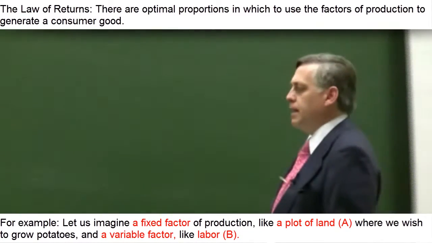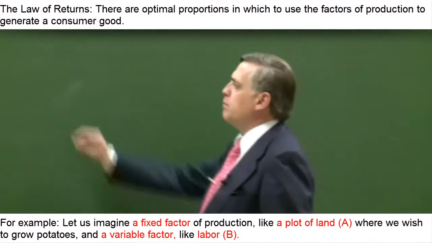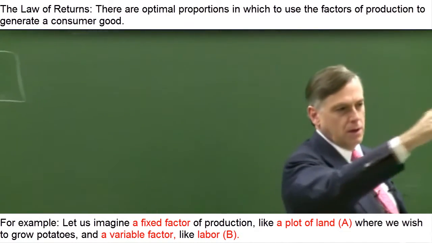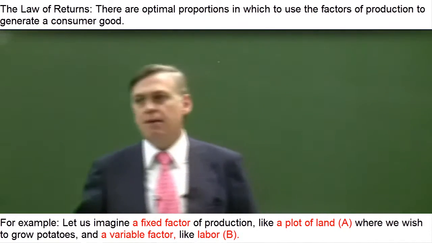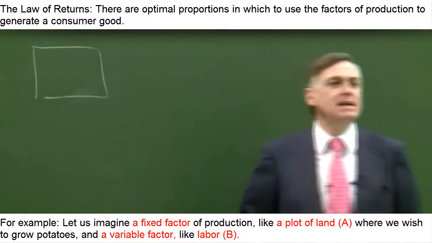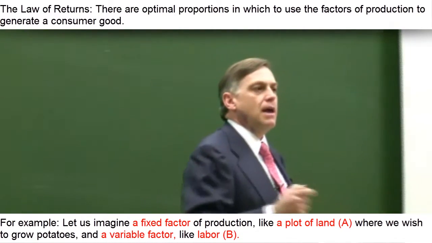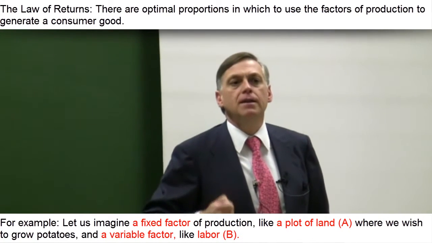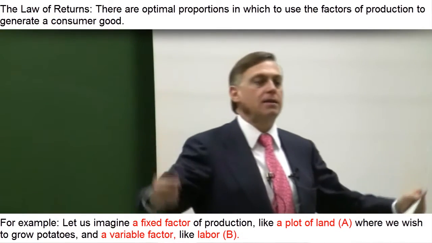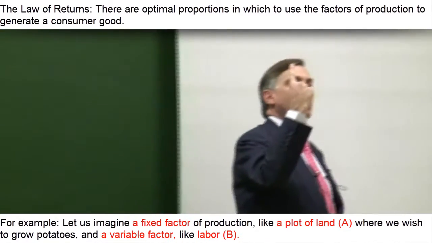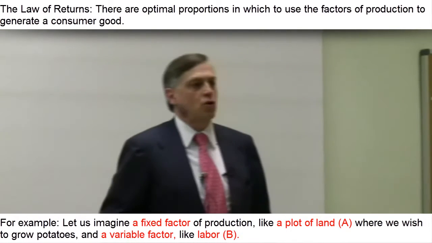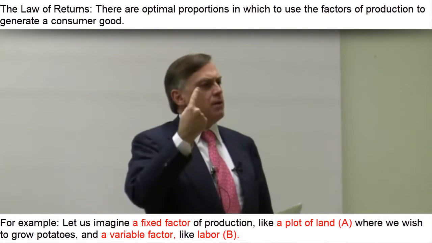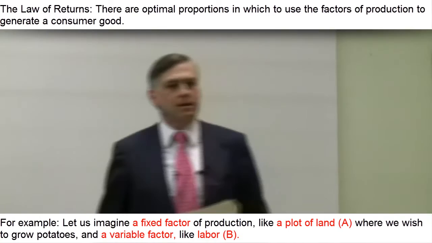Well, if we suppose factor of production A, the plot of land the size of this rectangular classroom, is fixed, what will happen if we start to increase the number of units of the complementary factor? In this case, the labor factor, specifically farmers. We have the plot of land, and we decide, as entrepreneurs, to employ the first unit of variable factor B, of labor, of work, and this might be one worker or an hour of farm labor provided by a farmer who starts working on this plot of land.